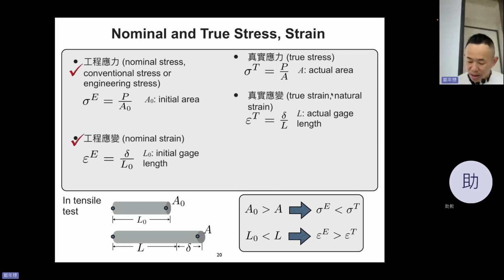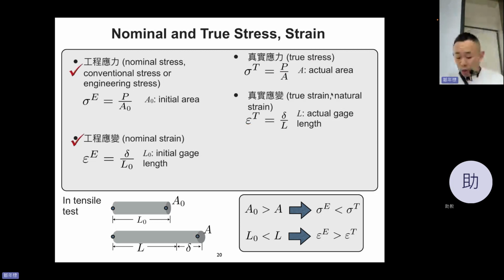Imagine this is step 2, and your original length has been increased a little bit compared to L-naught. Then at the next step, the delta will be used at that time.